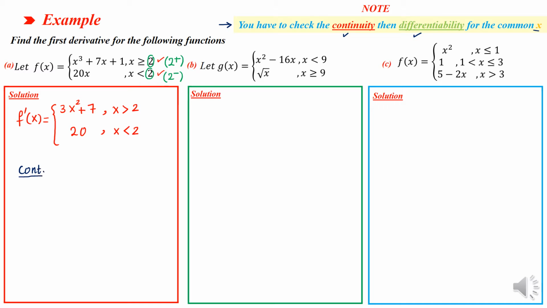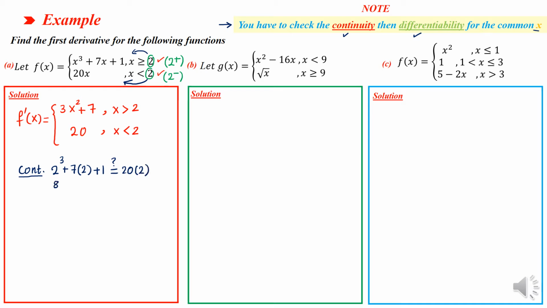So first you have to check the continuity for x equals 2. You have to replace x with 2 in the two functions of the original function, and you will get 2 cubed plus 7 times 2 plus 1, and you have to check if this equals 20 times 2.